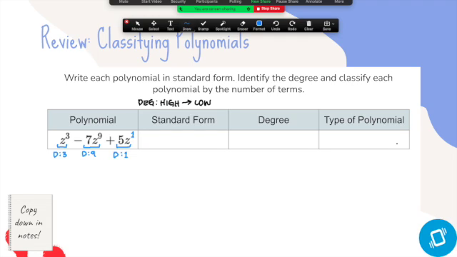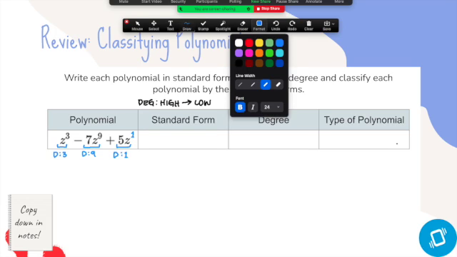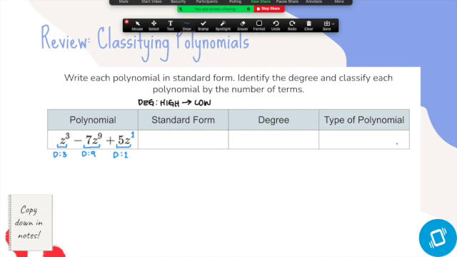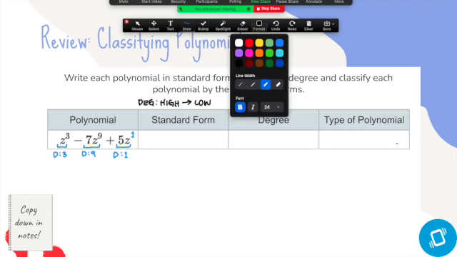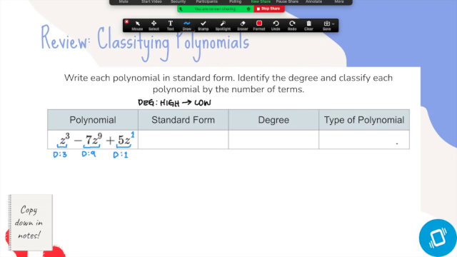So if I'm rearranging it from highest degree to lowest degree, I know here that the first term is going to be the negative 7z to the power of 9. So that's the first one I'm going to write down here. Negative 7z to the power of 9.